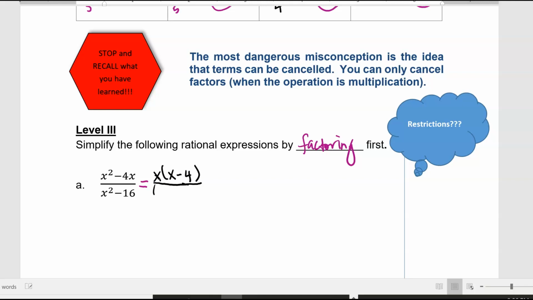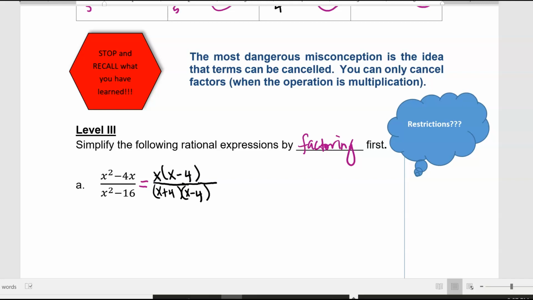Now the denominator is actually a difference of squares because 16 is a perfect square and x squared is a perfect square. So you would have x plus 4 and x minus 4. Now what we did was we just turned this into factors because x times x minus 4 are factors because that's multiplication. x plus 4 times x minus 4 are factors because that's also multiplication.